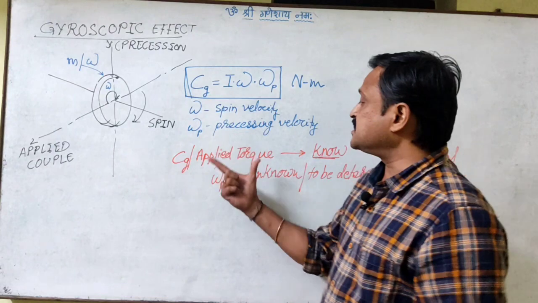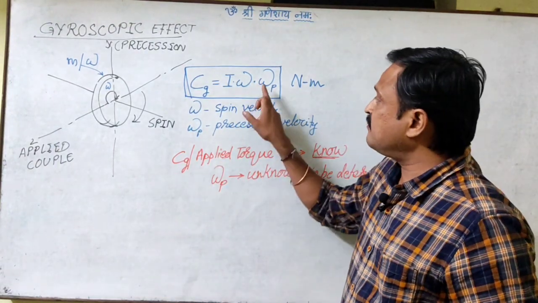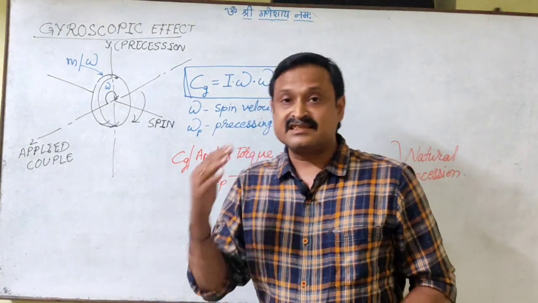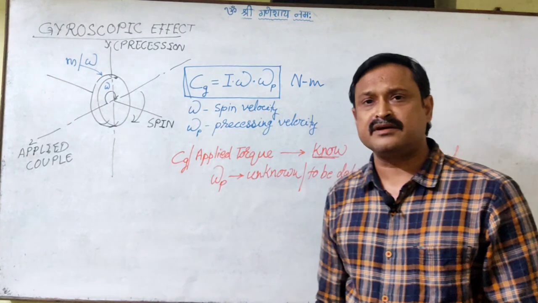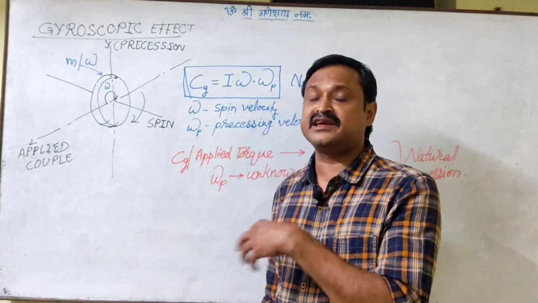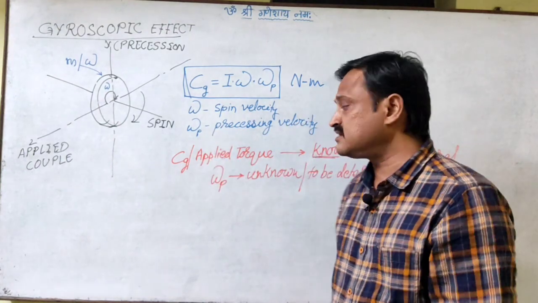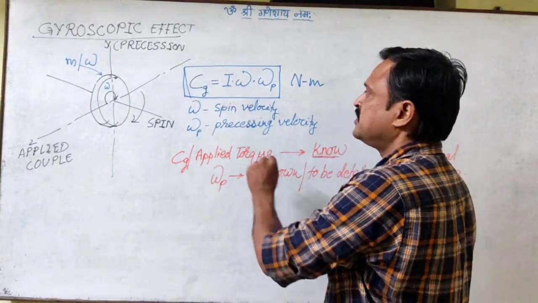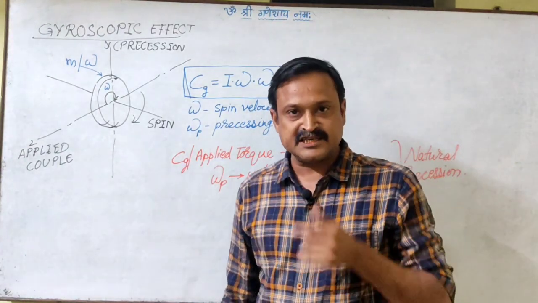So when this applied torque or the couple is known to me and omega p is unknown, and mathematically you want to understand whether it is a natural precession condition or a forced precession condition, then I will think of it this way. If this is known and I have to determine omega p, then it is a natural precession condition.